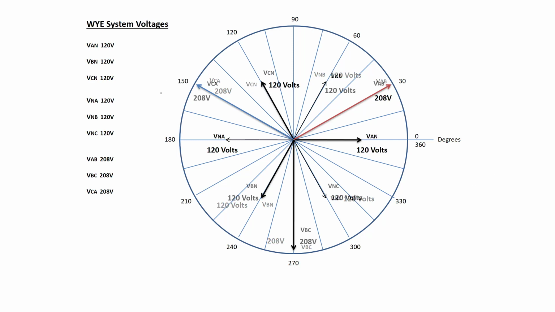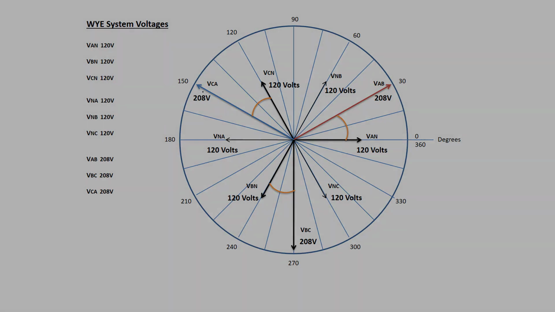So that is all of our voltages. All three phase voltages: AN is at 0, BN is at 240 degrees, CN is at 120. Line voltages are always 30 degrees ahead, and they're root 3, square root of 3, times higher than the phase voltage. And so it's 30, 270, and 150 degrees for our line voltages.